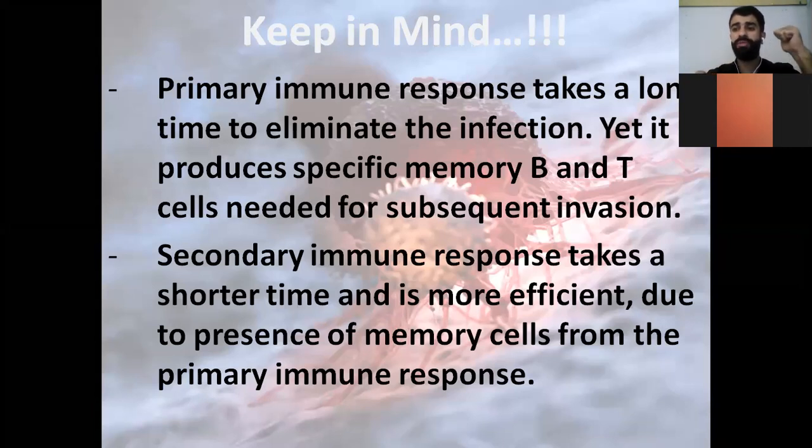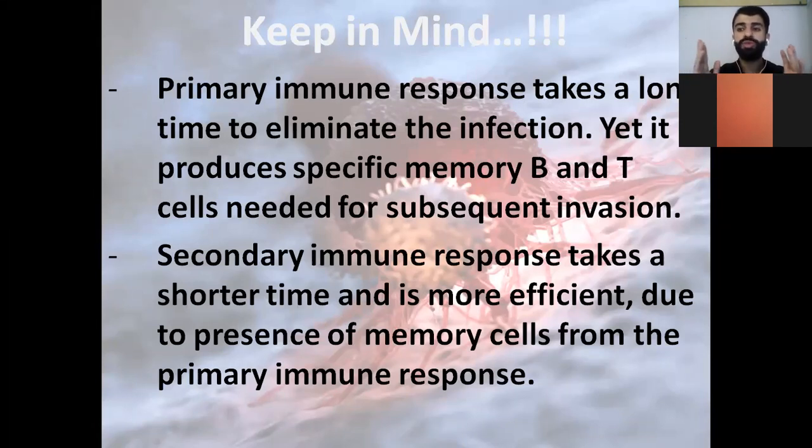So you have memory cells and you have B and T effector cells, so you have a larger number of immune cells, and the immune response in the secondary will be more efficient and will kill the pathogen and eliminate it in a shorter period of time. Why? Because we have the memory cells.